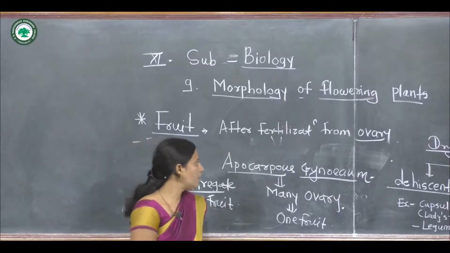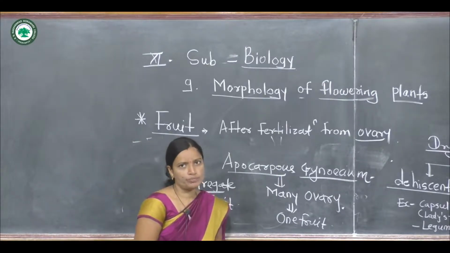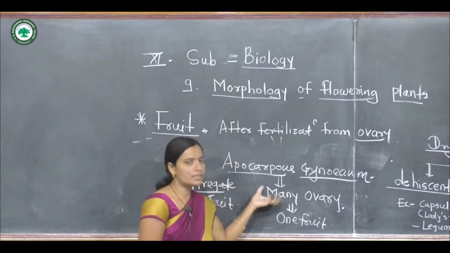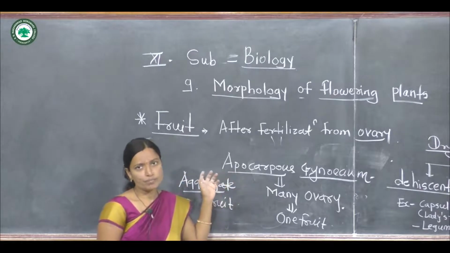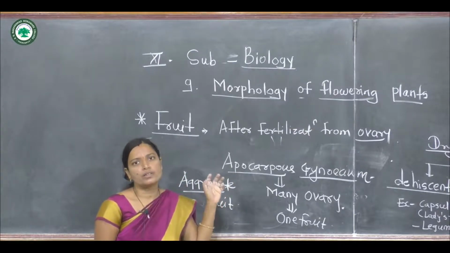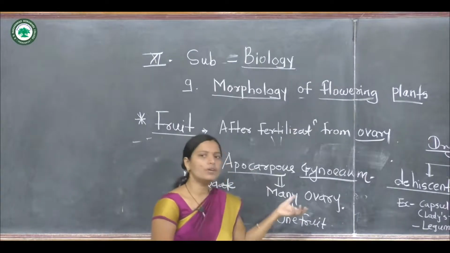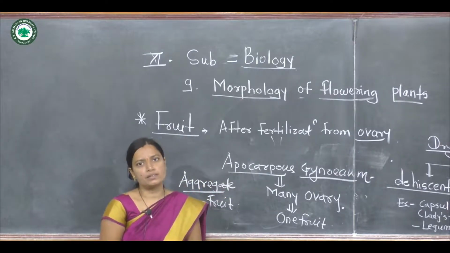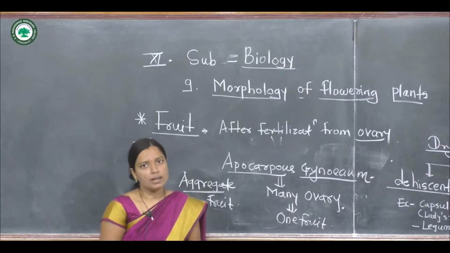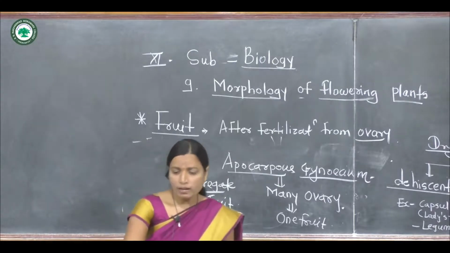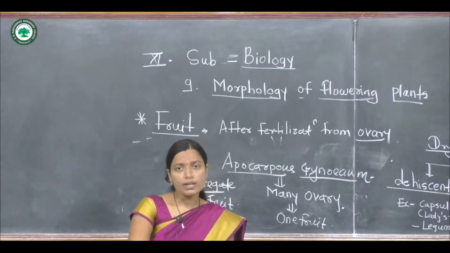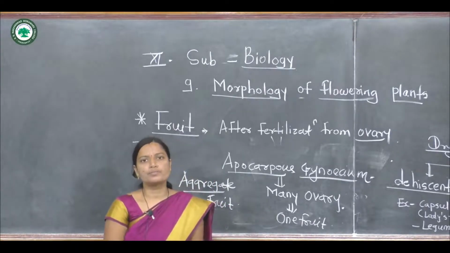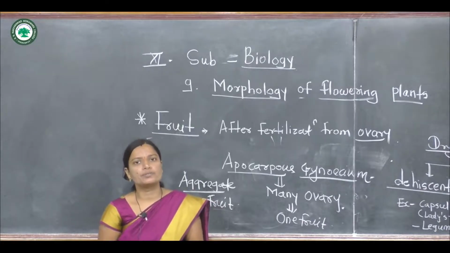This custard apple has an apocarpous gynoecium. The gynoecium is free and has many ovaries. The gynoecium produces many ovaries, and these ovaries form only one fruit, and this one fruit has many seeds. For example, custard apple as well as calotropis. This type of fruit is an aggregate fruit.